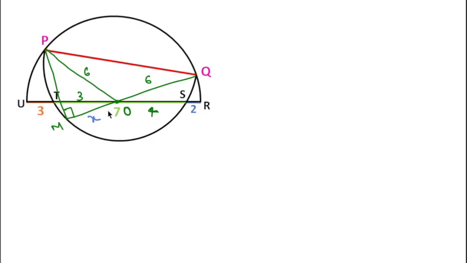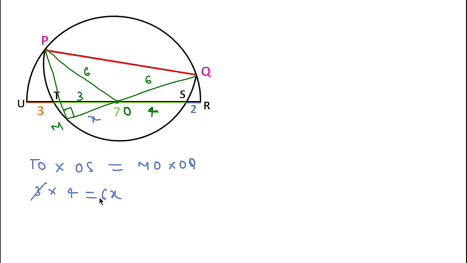Then according to the rectangle chord properties theorem, we can write TO into OS equal to MO into OQ, where TO is actually 3 and OS is 4 and MO is X and OQ is 6, so 6X.